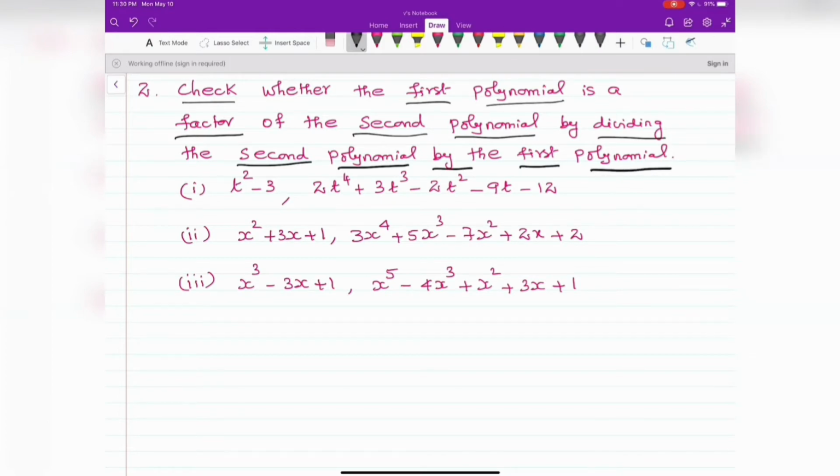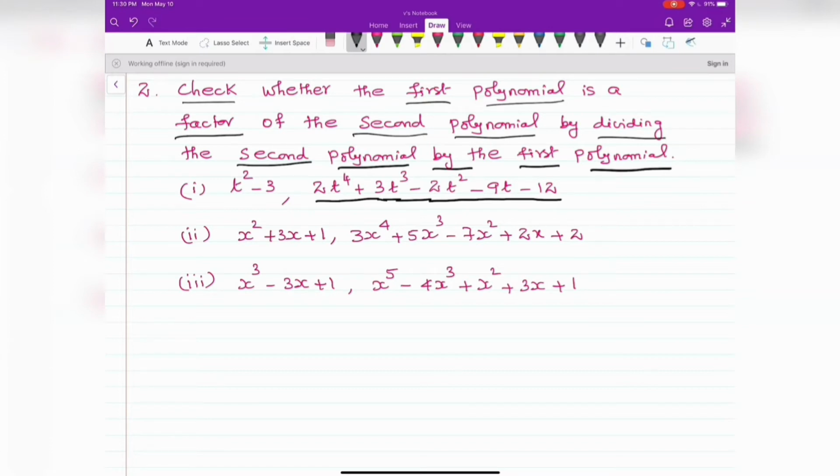First subdivision, you have to divide 2t power 4 plus 3t cube minus 2t square minus 9t minus 12 by t square minus 3. Then you have to verify whether it is a factor or not.